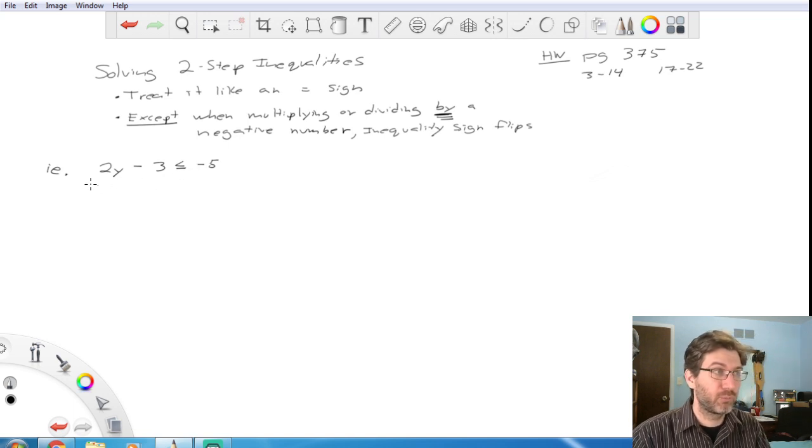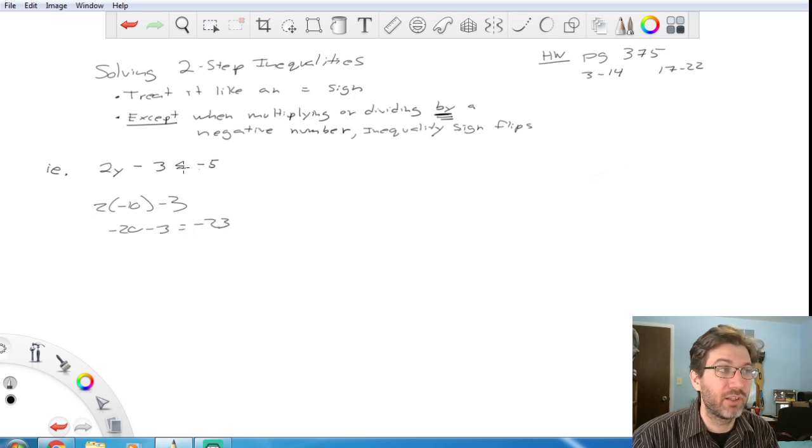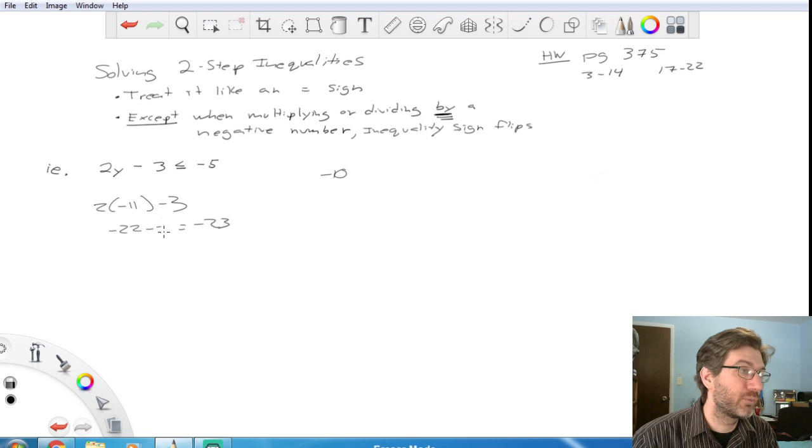So for example, you could plug in negative 10 in there, and then 2 times negative 10 minus 3 has to be less than negative 5. Well, this is negative 20 minus 3, which is negative 23. Negative 23 is less than negative 5, so negative 10 is an answer. You could put negative 11 in there, and you get negative 22, and you'd still be subtracting 3, so negative 25.